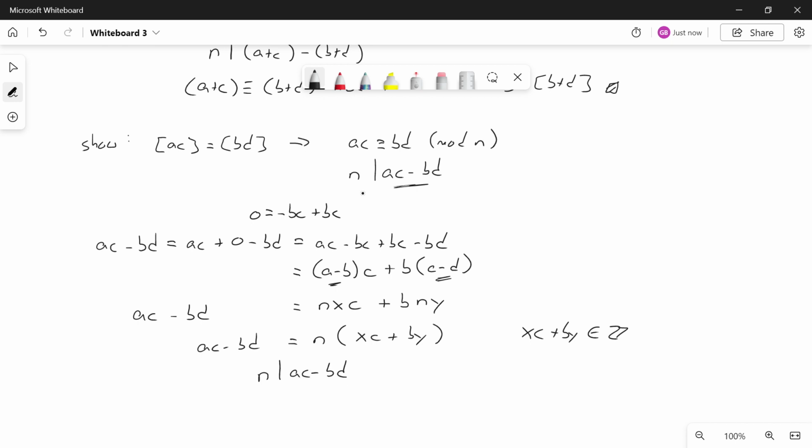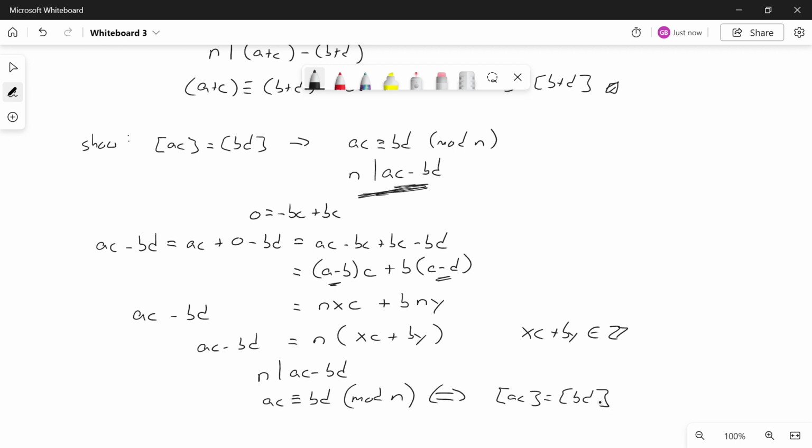And that's where we wanted to get to, because if N divides this, then AC is congruent to BD mod N, which, back to the last video, is true if and only if the congruence class of AC is equal to the congruence class of BD.